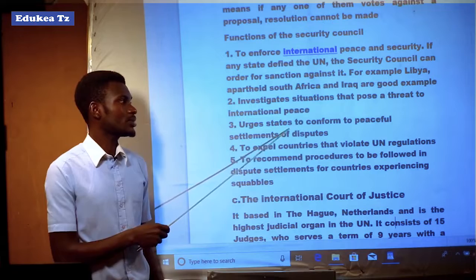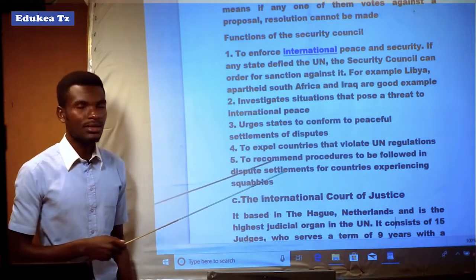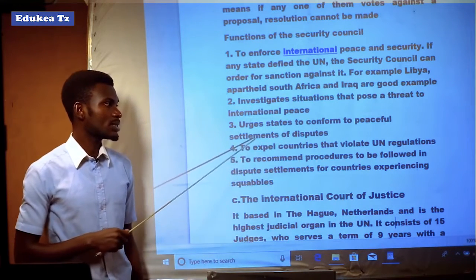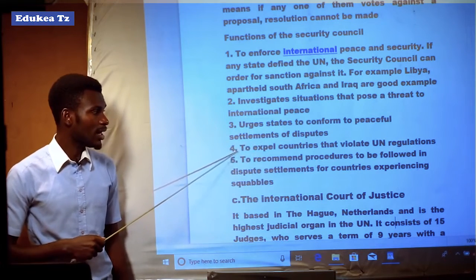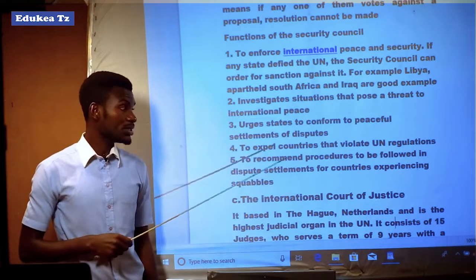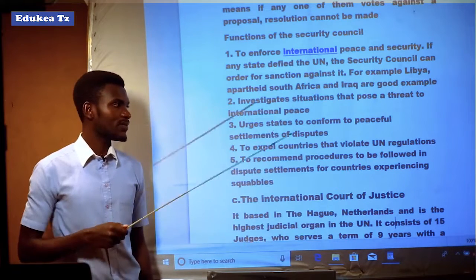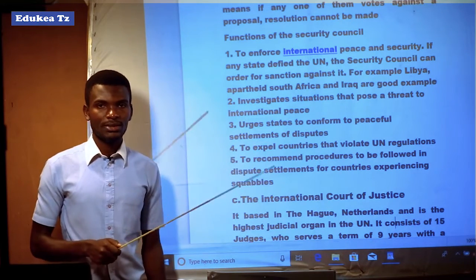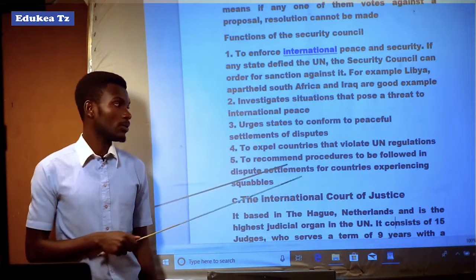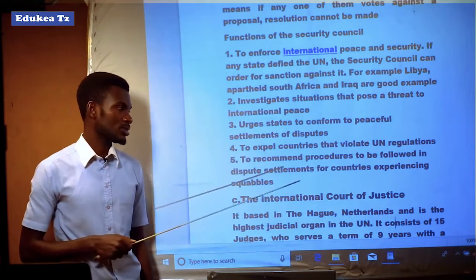Another is to urge states to conform to peaceful settlement of disputes. And another is to expel countries that violate UN regulations. The Security Council expels or moves out countries that violate UN regulations. For example, Russia being withdrawn or moved out from the UN was the result of the Security Council's decisions.